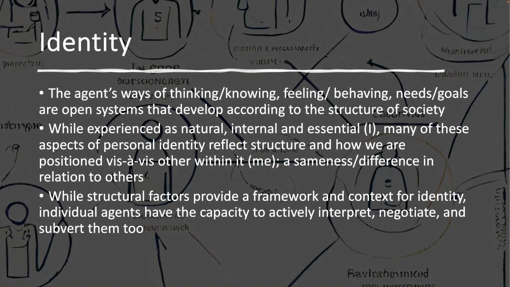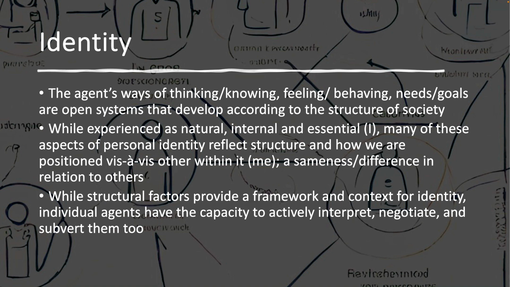Now, we often experience our identity as something natural or internal or essential, that pure I, if you will. But many of the aspects of personal identity reflect structure, social structure in society. They reflect how we are positioned vis-a-vis others within that structure.